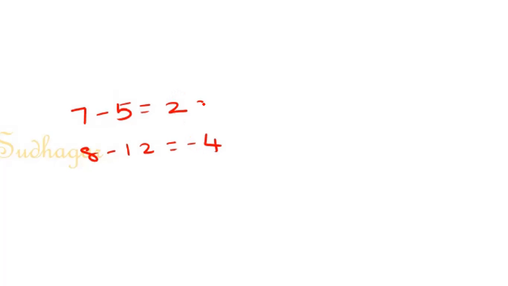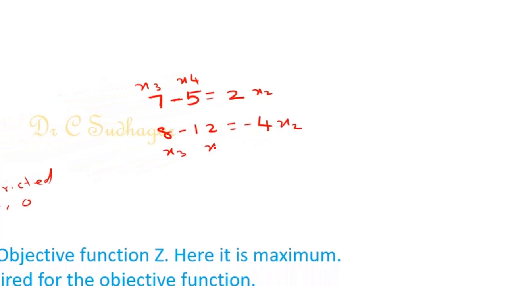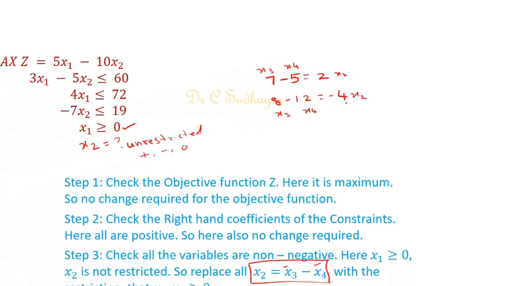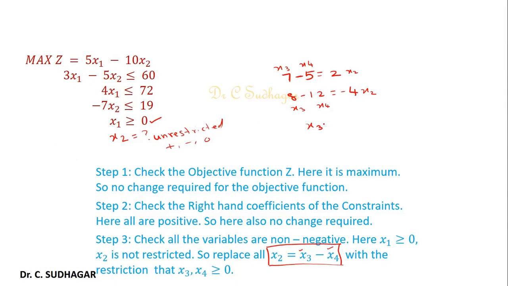So x2 can be a positive or negative number, whereas x3 and x4 are definitely positive numbers. 7 is positive, 5 is positive, and in between we have minus. In this case x3 is 8 and x4 is a larger positive number, so we get a negative number. This is the logic behind this equation. Whenever a variable is unrestricted, always replace x2 with two new variables as x3 minus x4.